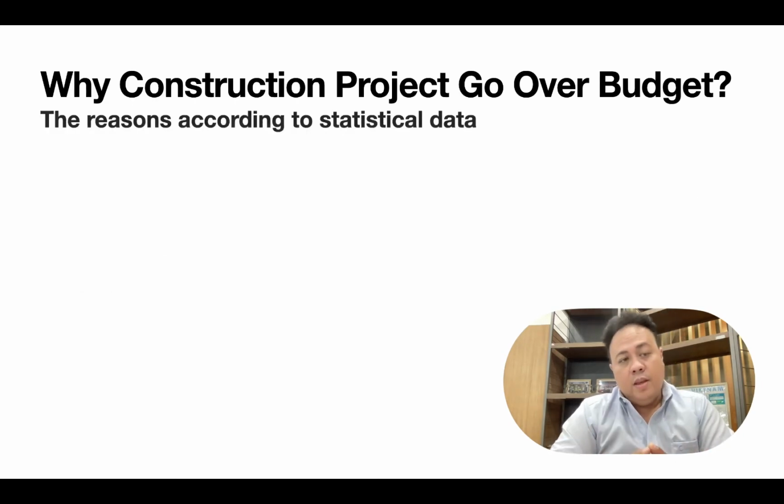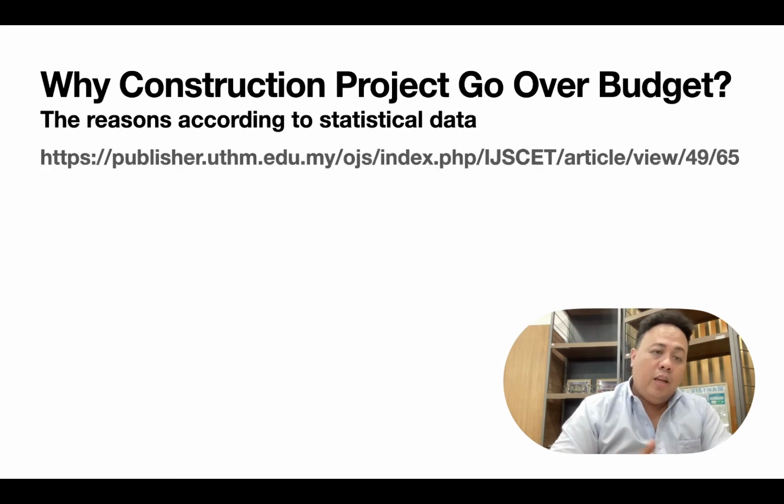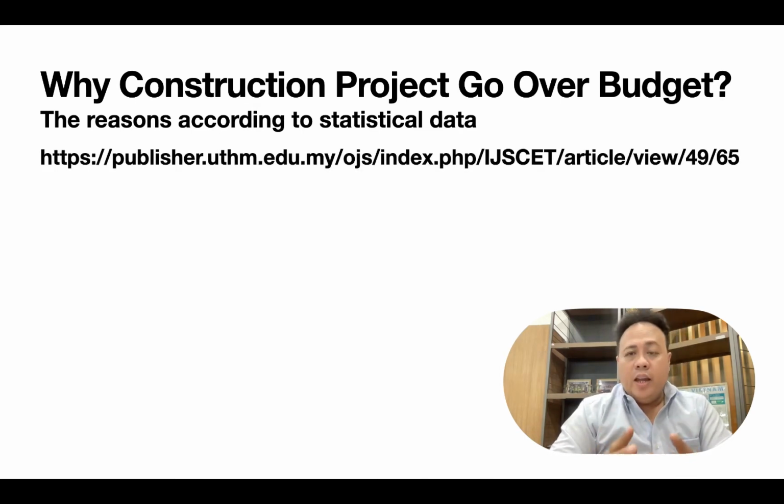So let's start. The reasons, according to the statistical data recorded, I'm going to share you the link to this one. They created an article, they did their own research, and they listed a very extensive list of reasons why construction projects are going over their budget. After this, they shortlisted the reasons that they think greatly impact or are the main reasons why these budgets are going overboard.